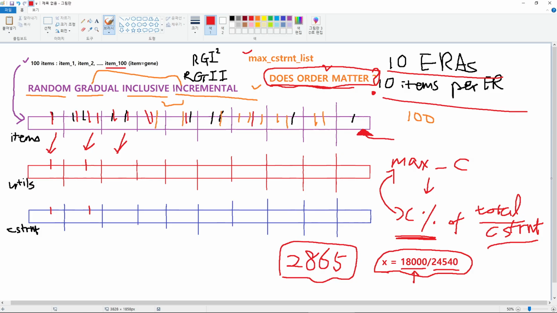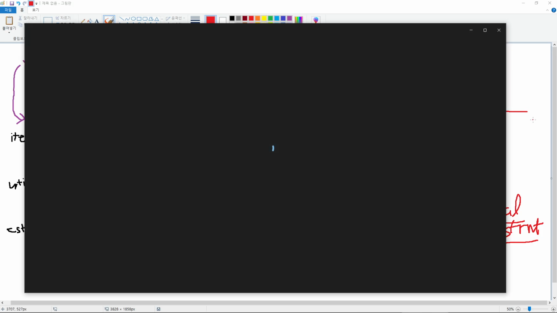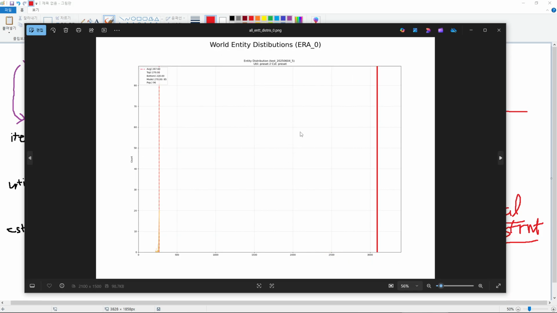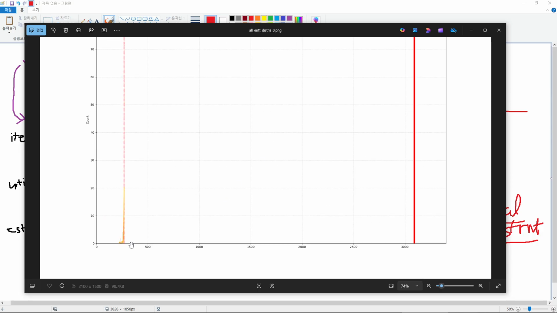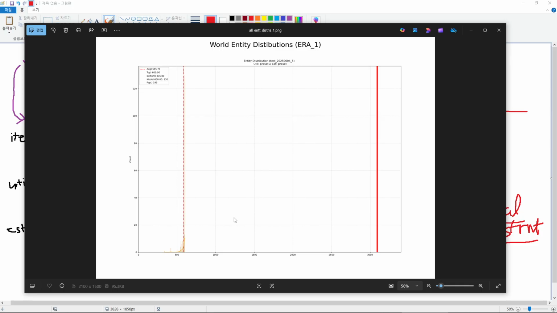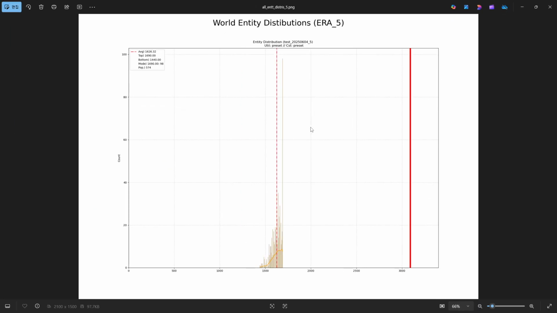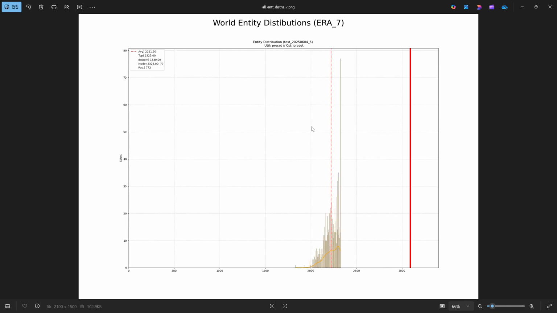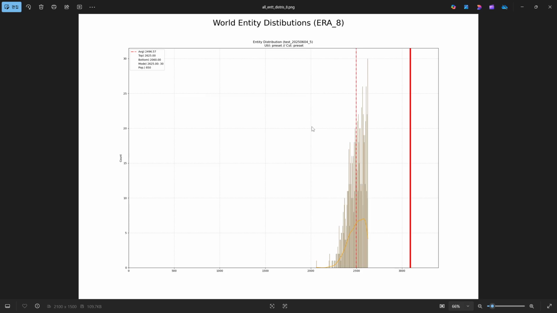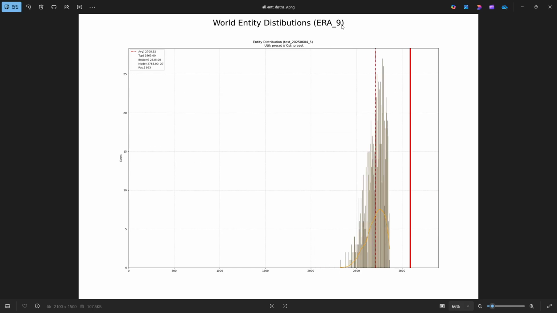So that's what this is. Here are the distributions, again, quite similar. You can see what era it is at the top.